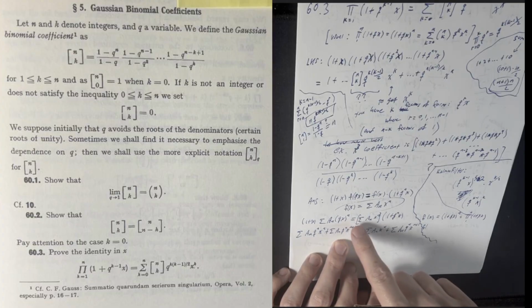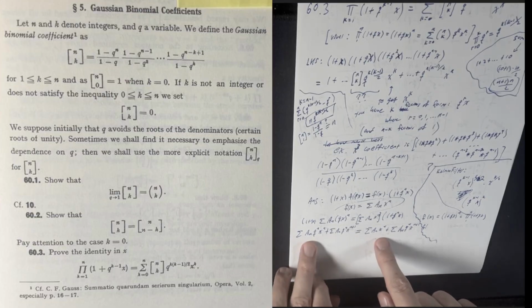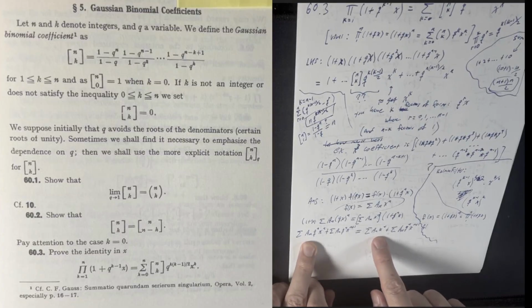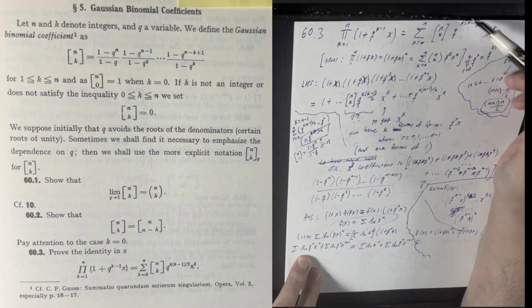Here we get q to the n, x to the n plus 1. Okay, I mean, I guess that's a good thing. But this doesn't sound right. I'm supposed to get this formula for the a_n's.